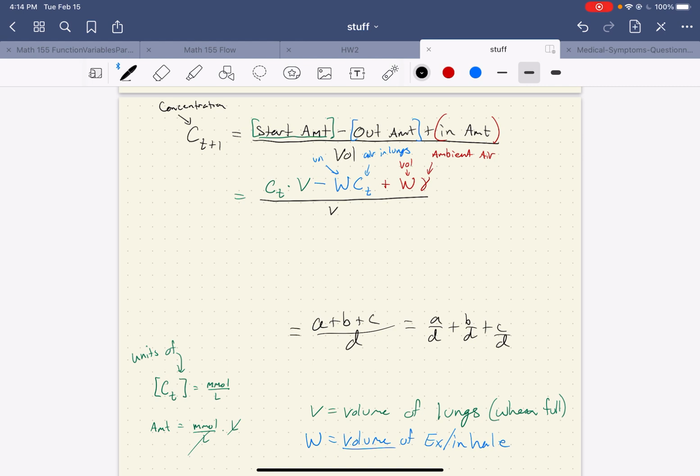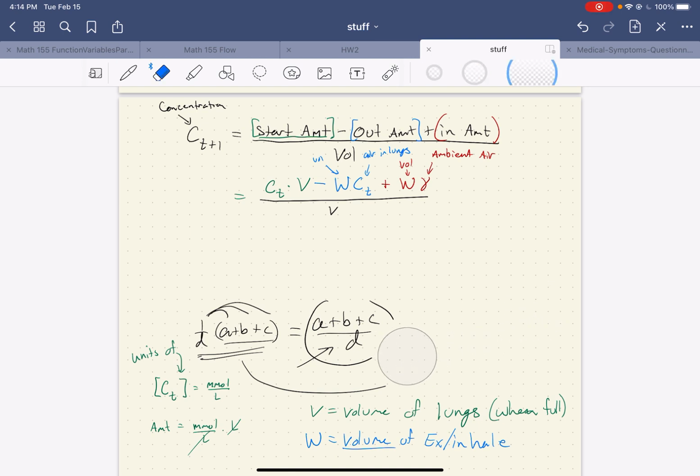Anytime you have a division, what you're really doing is a multiplication by the reciprocal. So this entity here I can think of as a plus b plus c times 1 over d. And maybe it's easier in this form to realize that you have what I claim you have, because now I just have to distribute the 1 over d, and there we have it. Okay, so that's just a quick algebra aside.